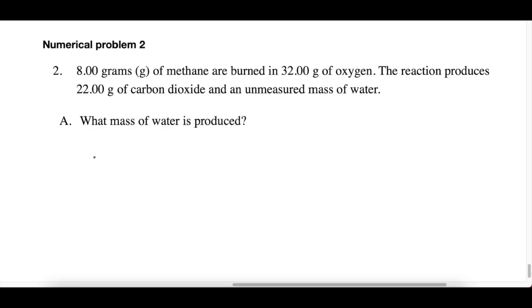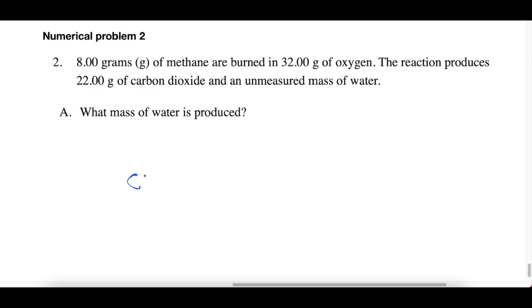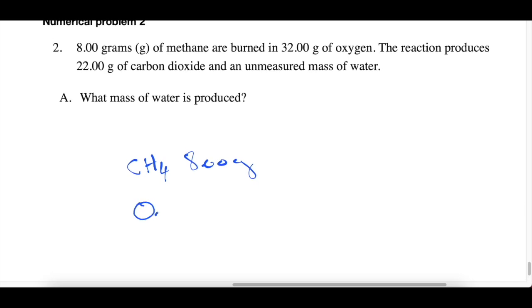Second numerical problem. In this problem, we have 8 grams of methane that are burnt in 32 grams of oxygen. The reaction produces 22.0 grams of carbon dioxide and an unmeasured mass of water. What mass of water is produced? So here we have methane of formula CH4, 8.00 grams, that reacts with oxygen, 32.0 grams.